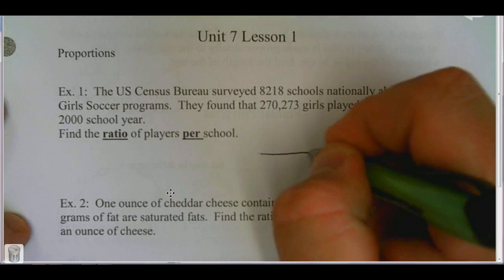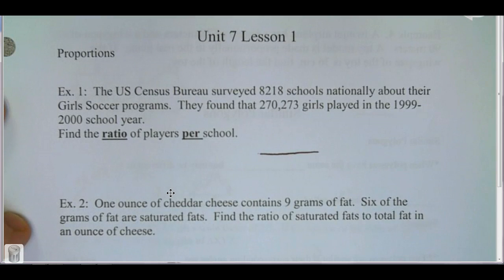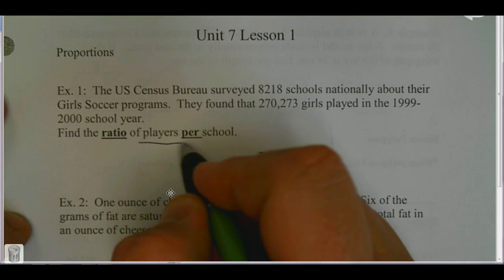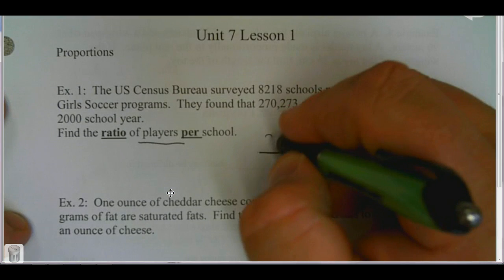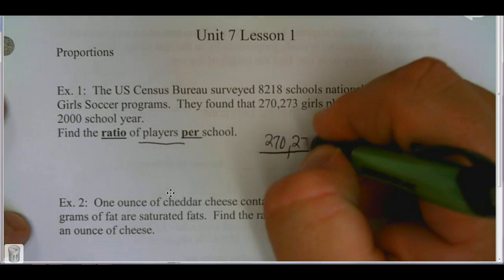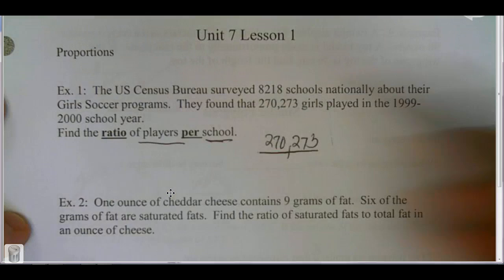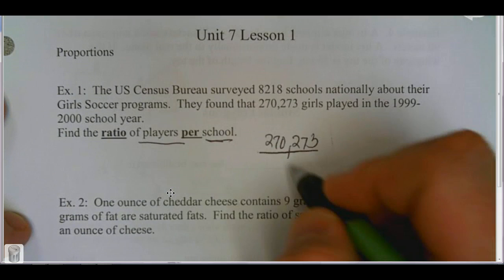Whenever we set a proportion, we typically make a fraction to describe the ratio. The thing that comes first goes on the top. The thing that comes second typically goes on the bottom.